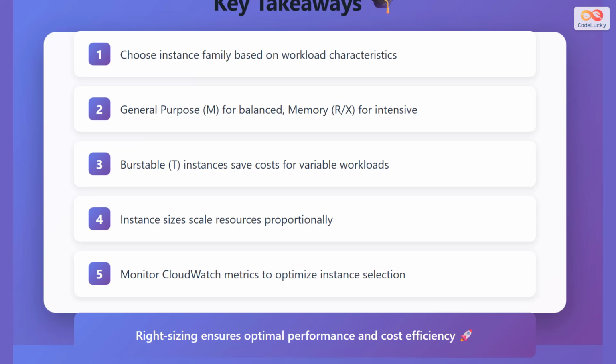Fourth, remember that instance sizes scale resources proportionally, making it easy to adjust capacity. And fifth, always monitor CloudWatch metrics to optimize your instance selection over time. Right-sizing your RDS instance ensures optimal performance and cost efficiency for your database workloads.